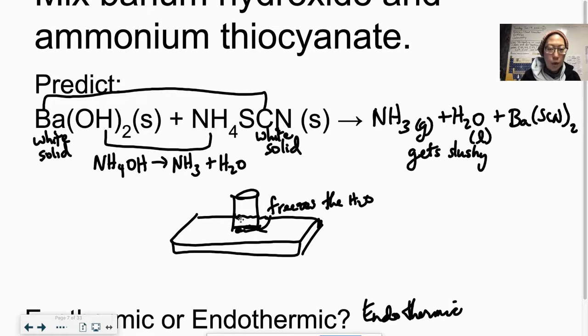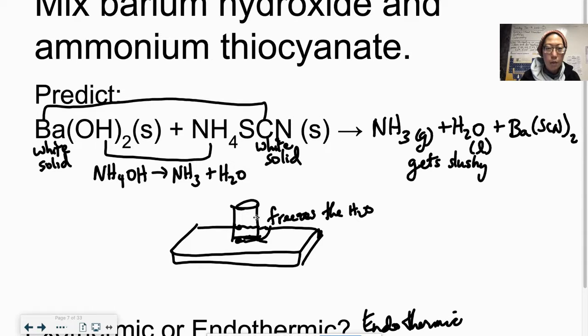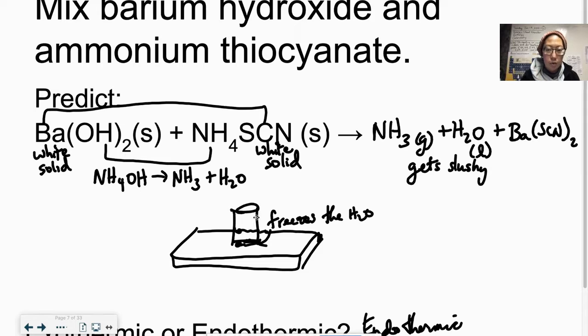If you had a thermometer in here, the thermometer's temperature would go down. Okay, you would see a decrease in the temperature because the reaction starts absorbing heat away from the thermometer.